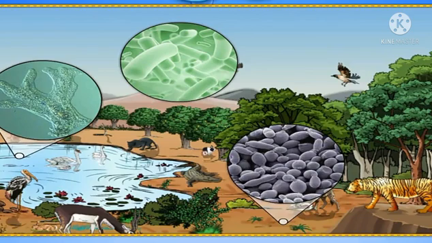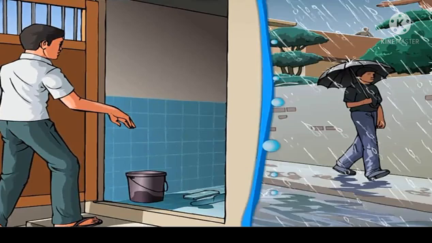There are numerous kinds of microorganisms around us. They are in the soil, in water, in air, on rocks, that is, anywhere and everywhere. You may know that during the rainy season, we often hear of an outbreak of diarrhea.